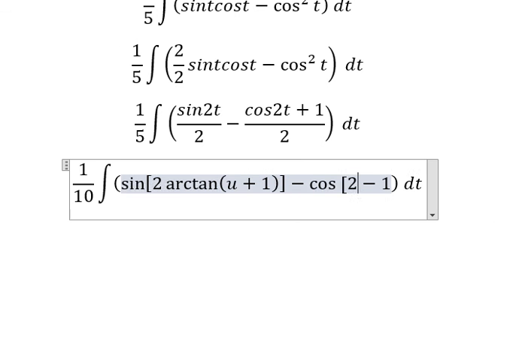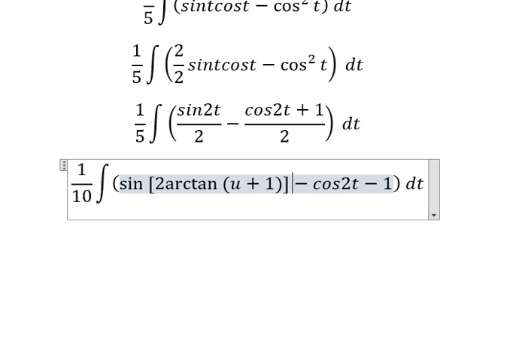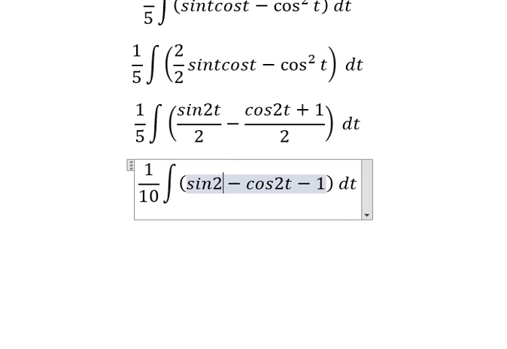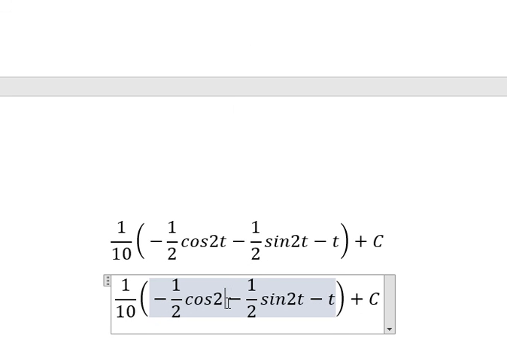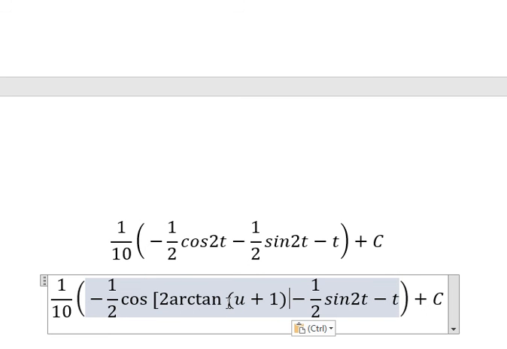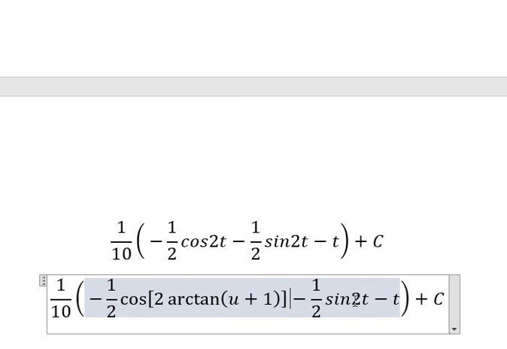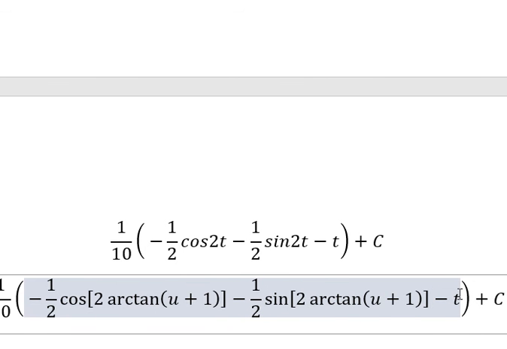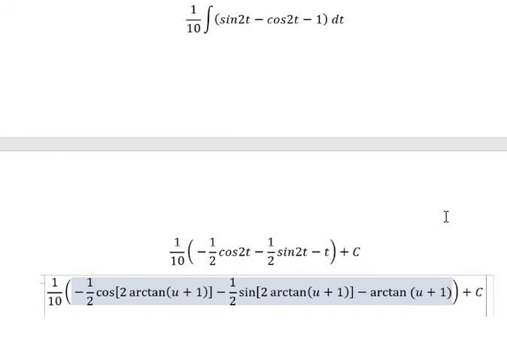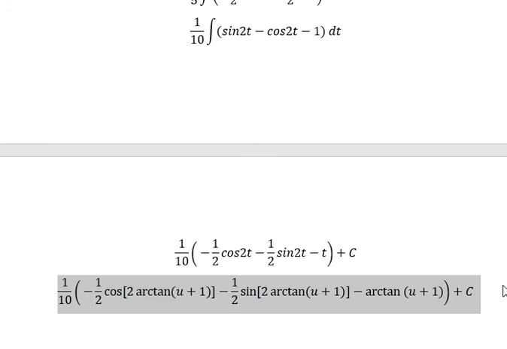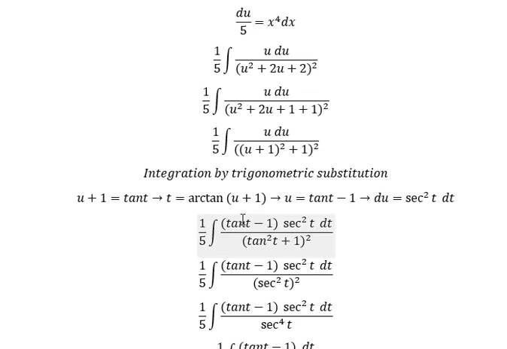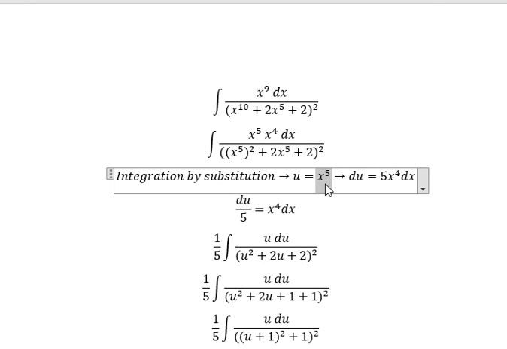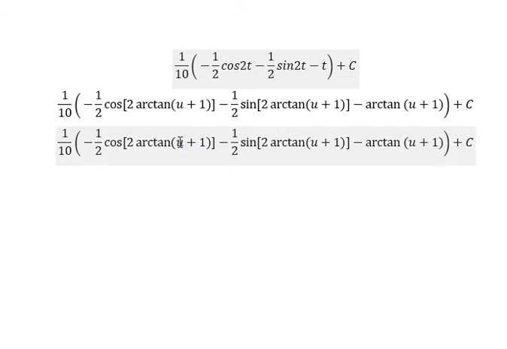Oh, sorry, it should be in here. About u, that is s to the power of 5.